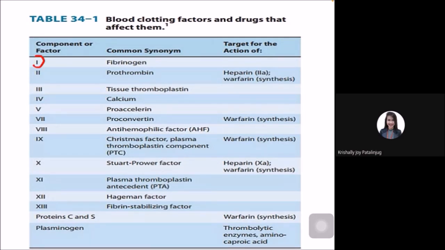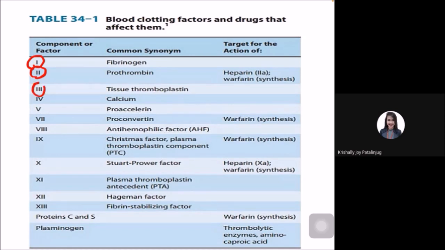Okay, except 6, no? Walang 6 clotting factors. And of course, I am not requiring you to memorize this all, no? Kahit ako, hindi ko nga memorize yan, no? Meron lang tayong certain clotting factors na dapat malaman that are related to drugs. Okay? So actually, ang related lang sa drugs dito are, ito.